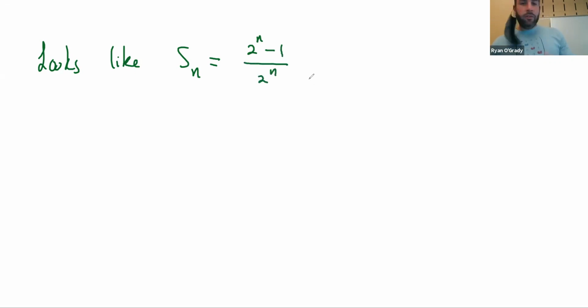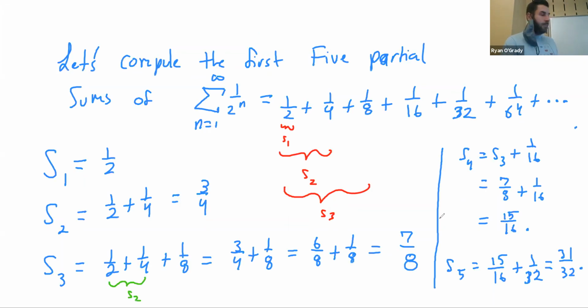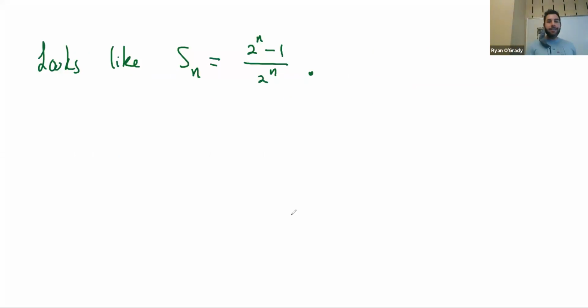That's what it looks like. Just check for yourself. Let's say S sub 4. We get 15/16, right? Is that what S sub 4 was? Yes, it was. Now, notice I use the words looks like. Just because it works for the first few doesn't mean it's actually true. We got to verify this. Can we verify this?